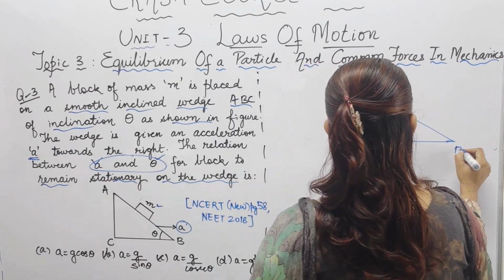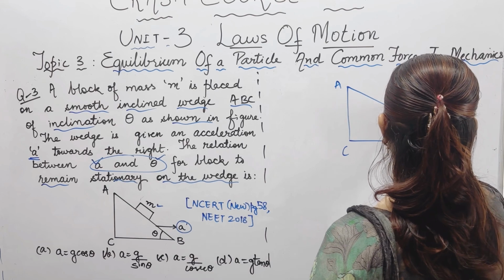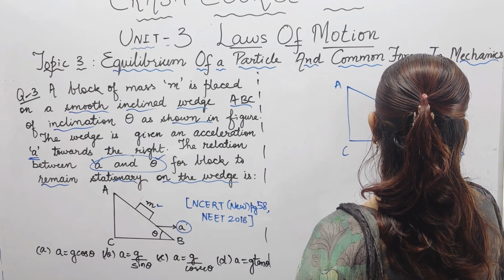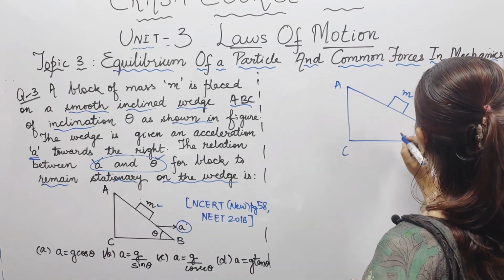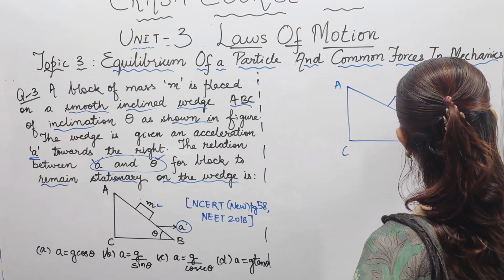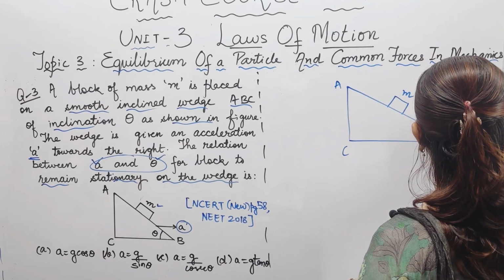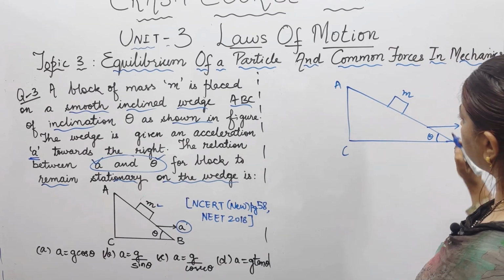This is ABC and this is the block m kept here. This is theta, and in this direction acceleration is being given.